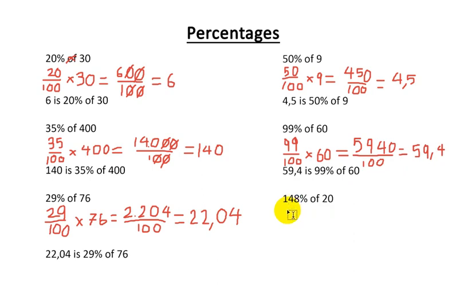Next, we want to find 148% of 20. So 148 over 100 times 20. 148 times 20 would give me 296 with a 0, so 2,960.